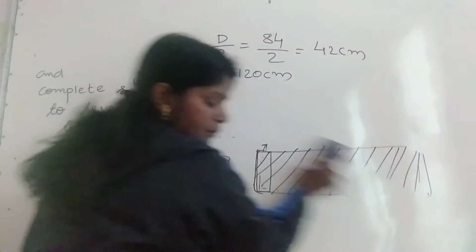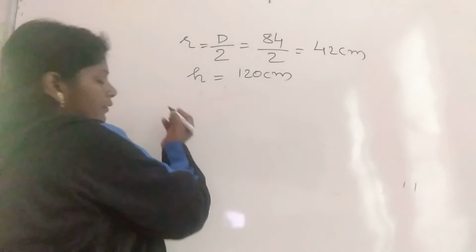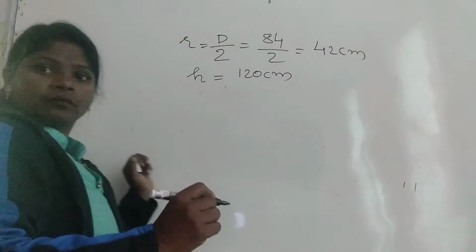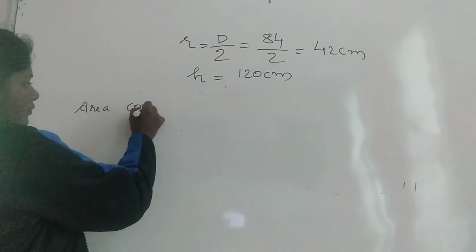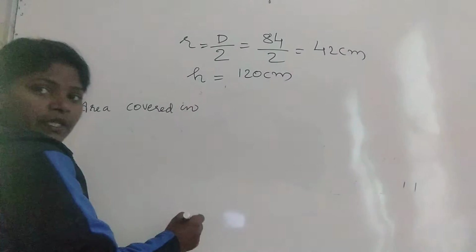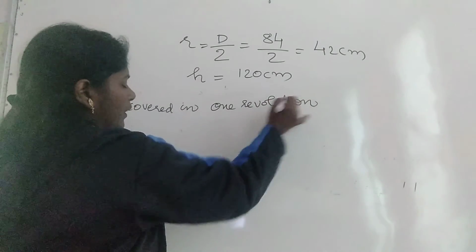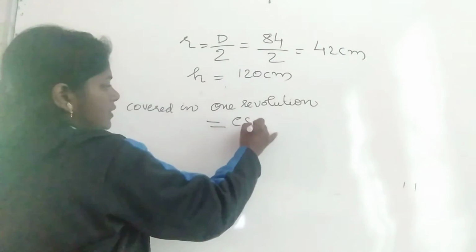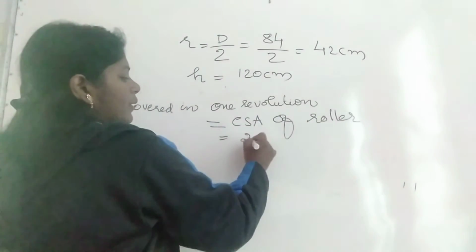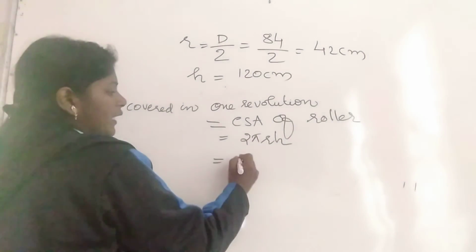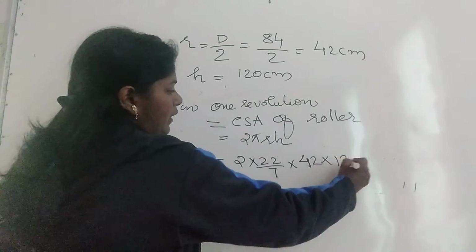We said that the area covered in one revolution equals the CSA of the roller, that is 2 pi rh, which we can write as 2 into 22 upon 7 into 42 into 120.